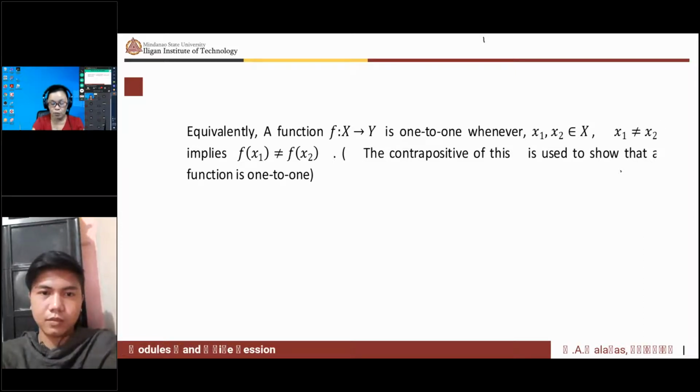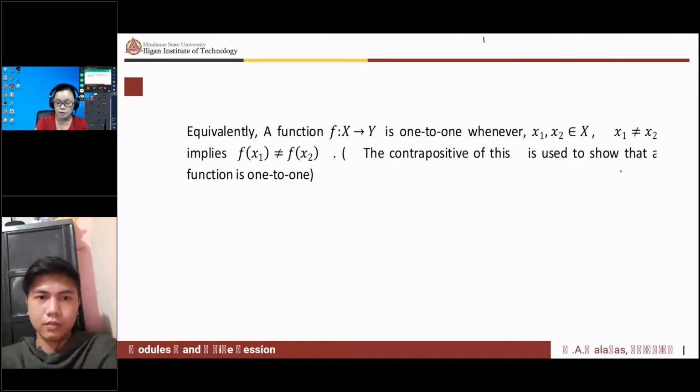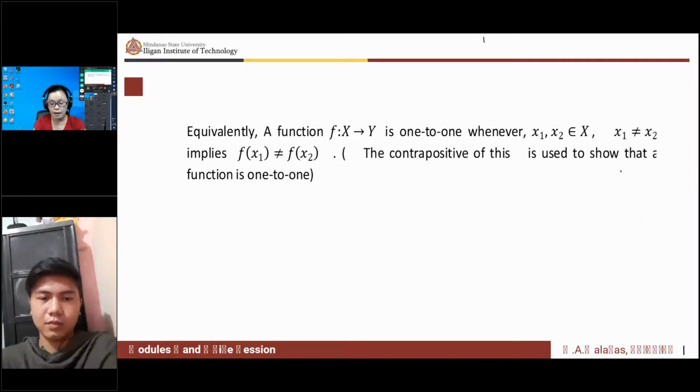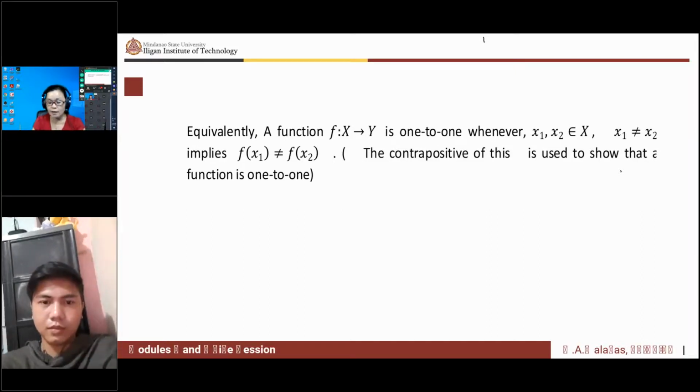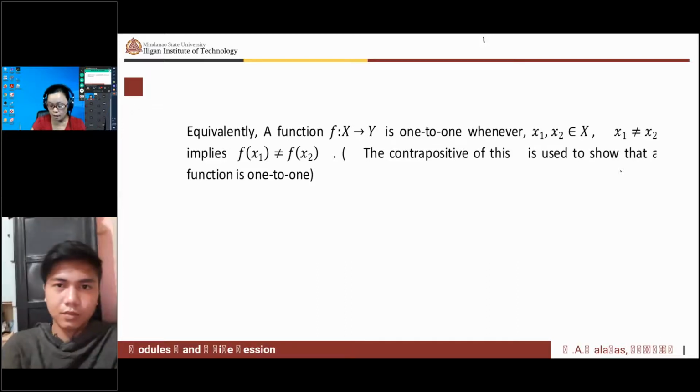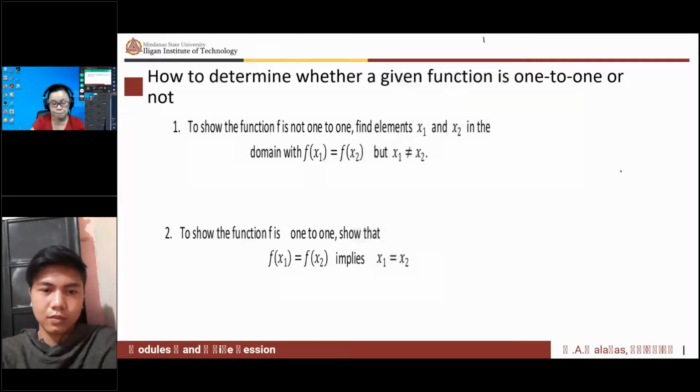But it is more convenient to use its contrapositive. So what will be the contrapositive of this? We will have if f of x1 equals f of x2, then x1 equals x2. That is actually more convenient.